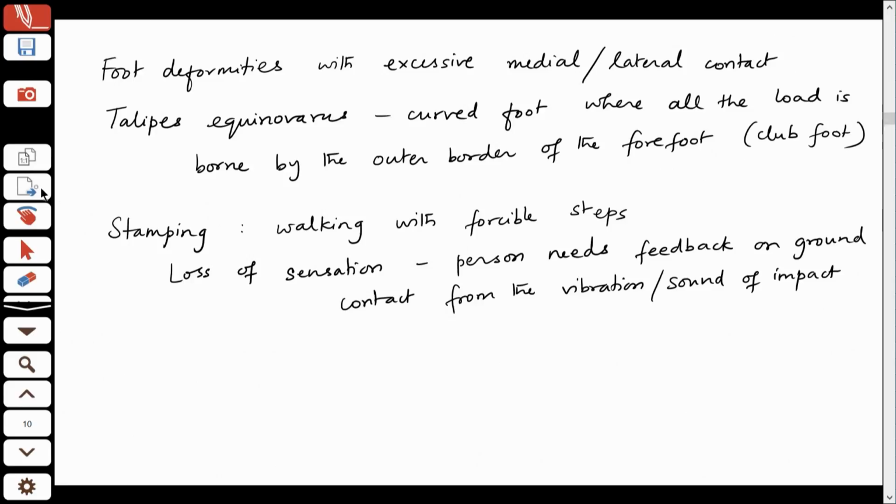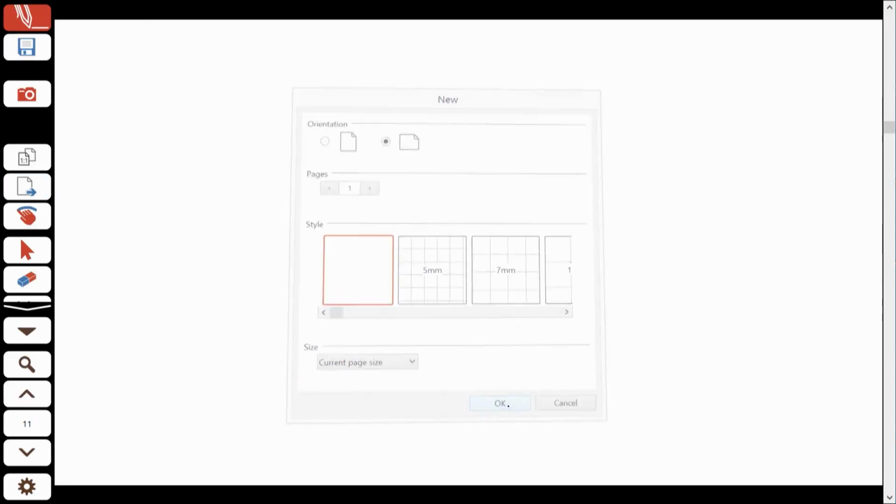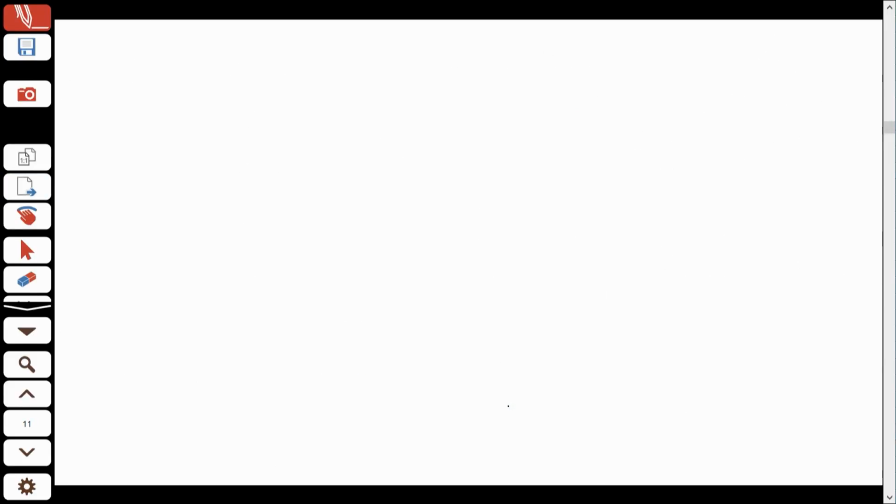Then, a couple of other things. You could have insufficient push off if the forefoot cannot be loaded normally.